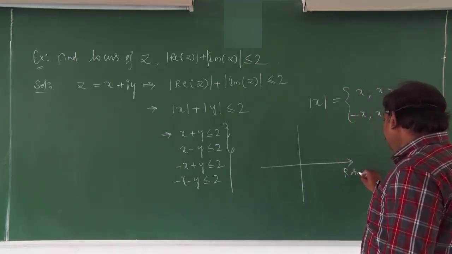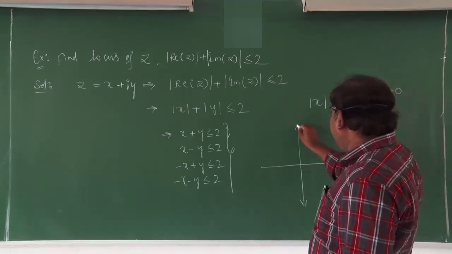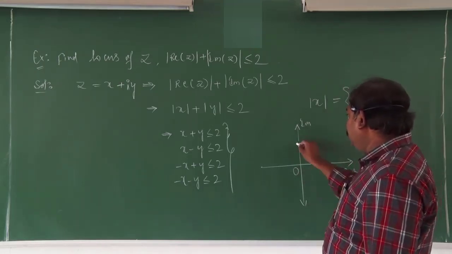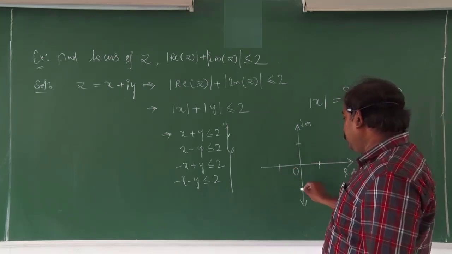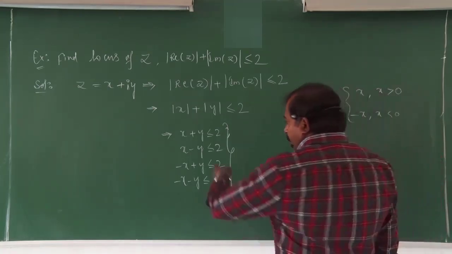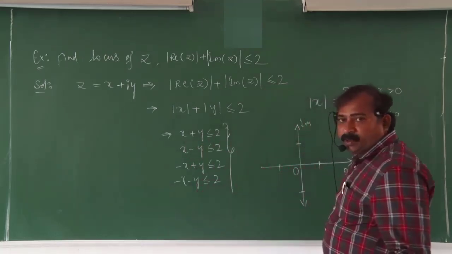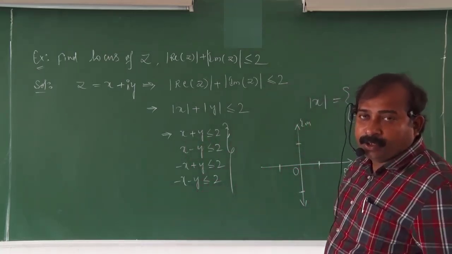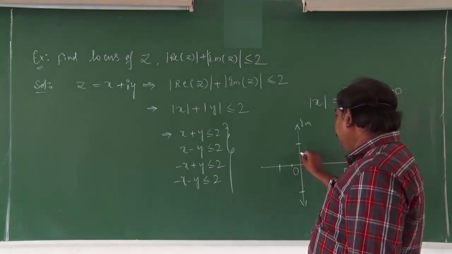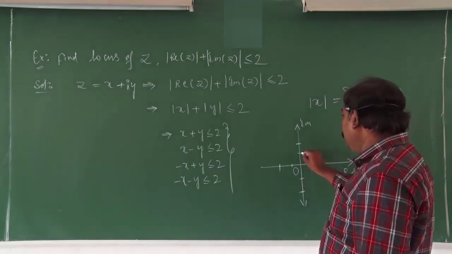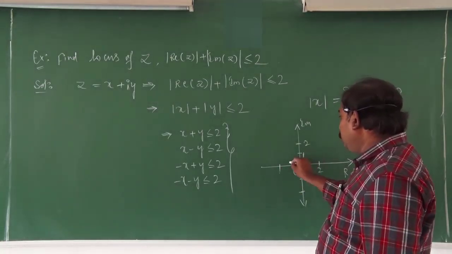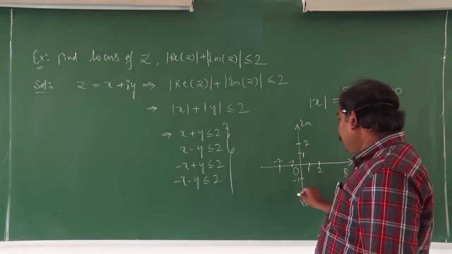Let this be the real axis and this the imaginary axis, with the origin, 1, minus 1. x plus y equal to 2 is a straight line equation only. x by 2 plus y by 2 equal to 1 is the intercept form. So you can take 1, 2 and minus 1, minus 2 on the axes.